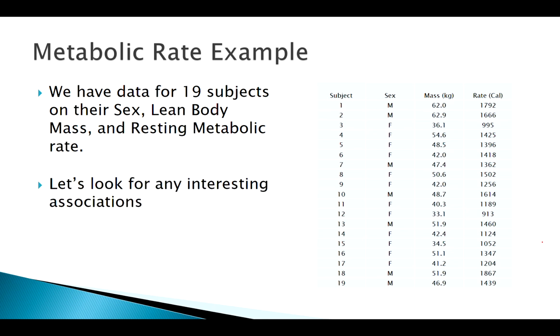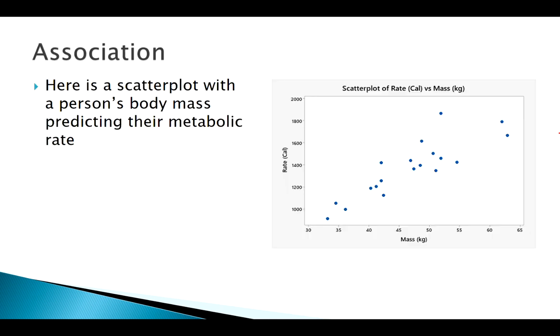Say we wanted to see some associations here. Maybe we would think there's an association between your weight and your resting calories burned. So let's look at a scatter plot there, using someone's weight to predict their resting calories. We see again a positive linear trend.